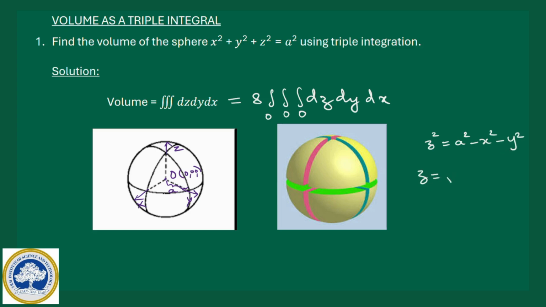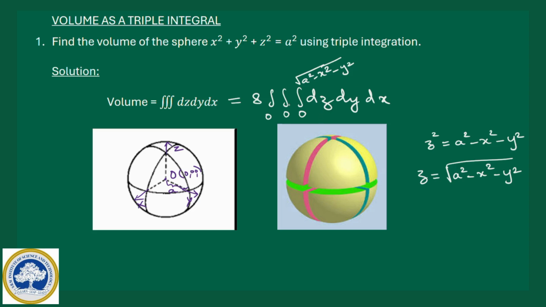Otherwise z = ±√(a² − x² − y²). Since we are considering the first octant or positive octant, we take only the positive value, so we can write the limit of z as √(a² − x² − y²). So this is the limit for the variable z.